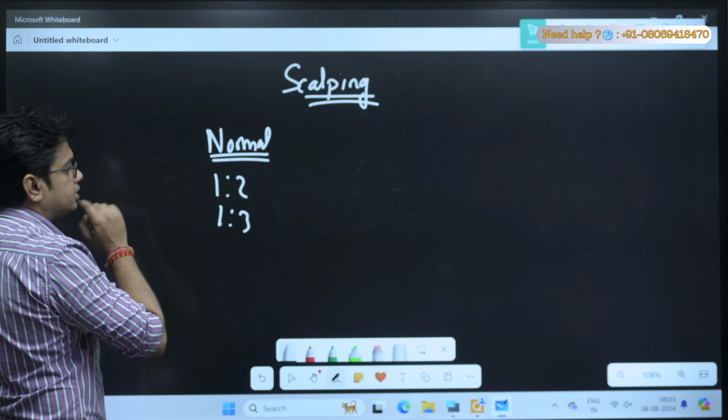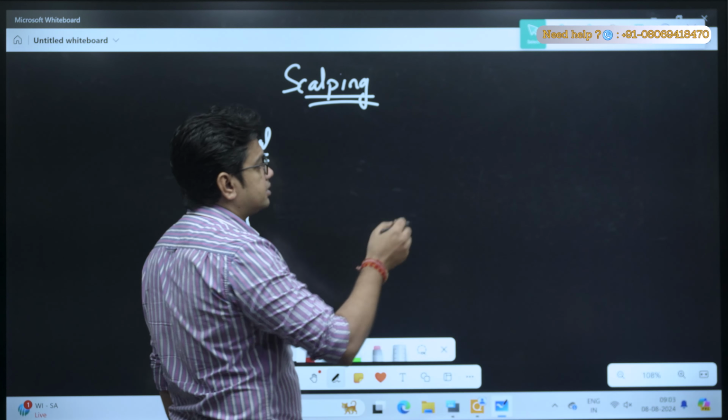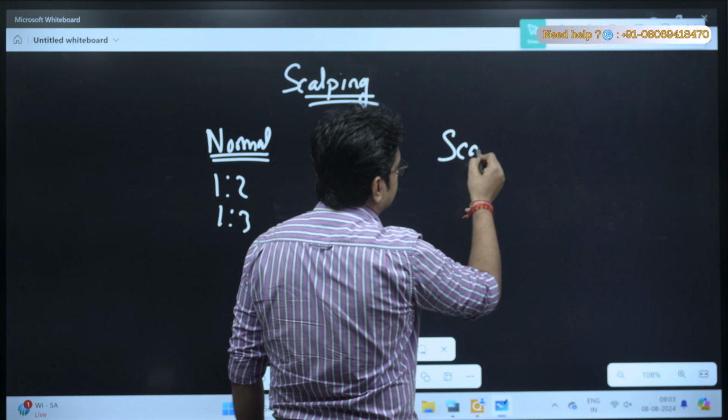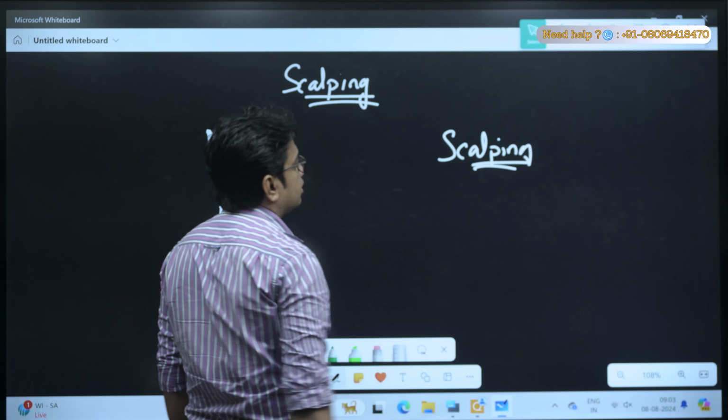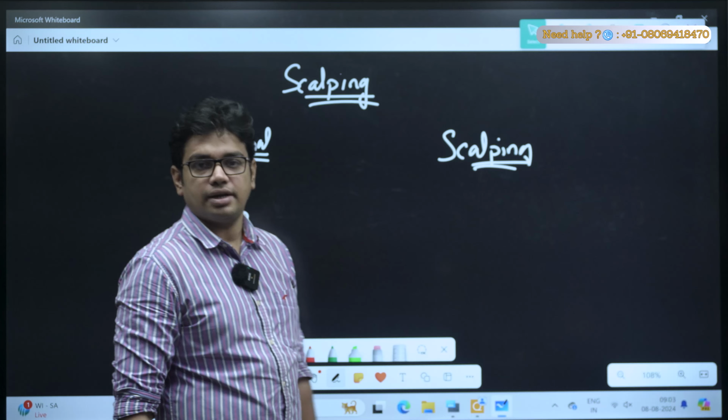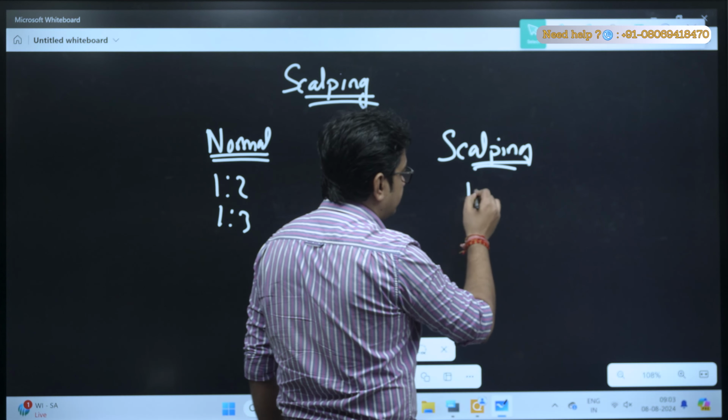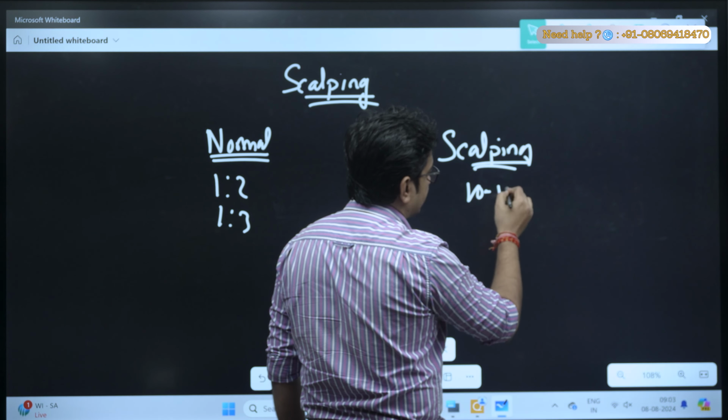But in scalping there is no 1:2 or 1:3 target. There are only about 10 to 15 points in Bank Nifty.